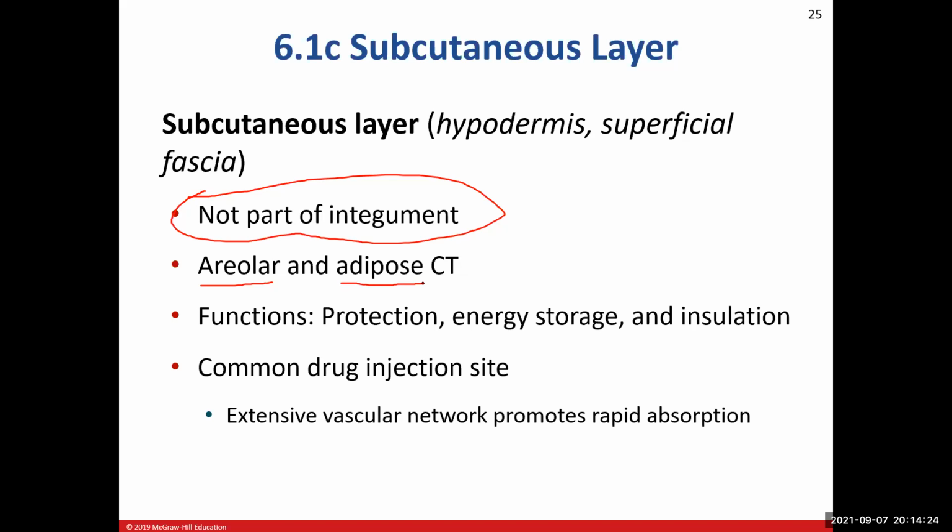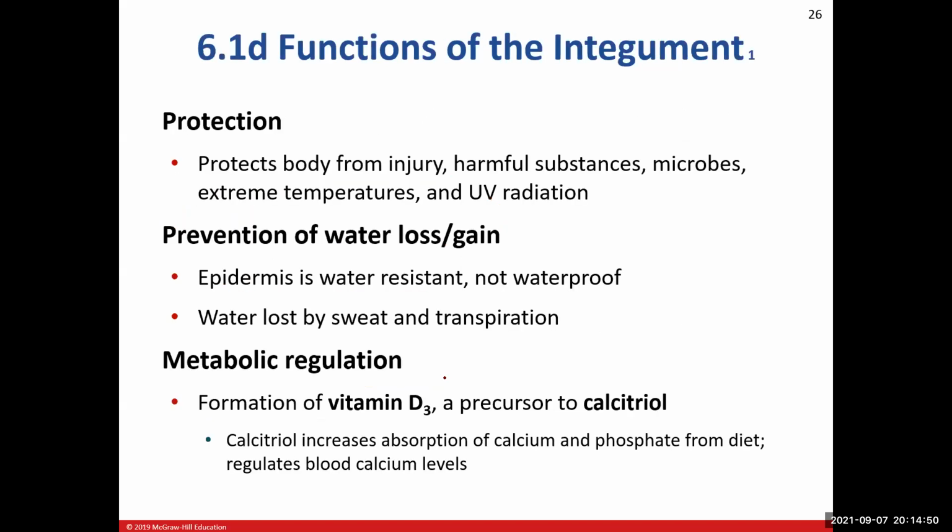Because these are loose connective tissues, we have a lot of blood vessels there. So we like to inject drugs into this area because it allows for rapid absorption of whatever we're injecting into our victim, our patient. Just kidding. Because of the vast number of blood vessels in that area, it's a great injection site.